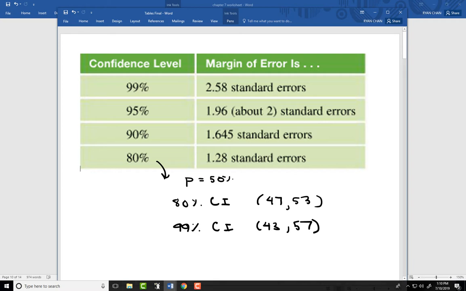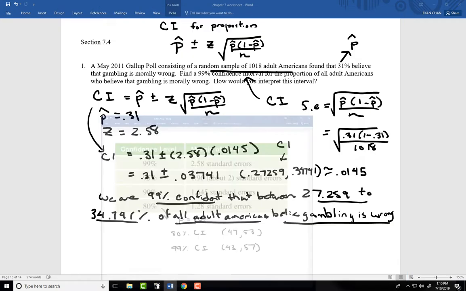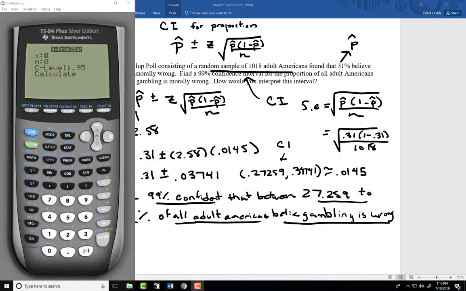Last thing, I want to show you how to do this in your calculator. Hit stat, and go to test.